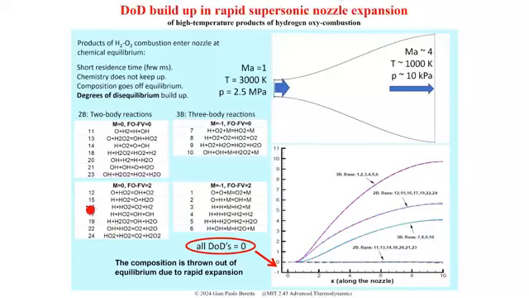And if you group them here, like 11, 13, 14, 18, 20, 21, 23, it's these ones. They are two-body reactions. They have certain features.